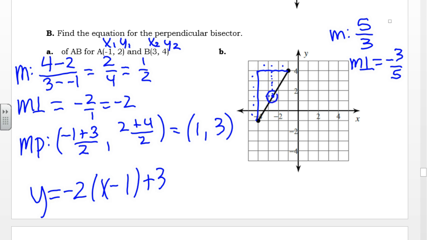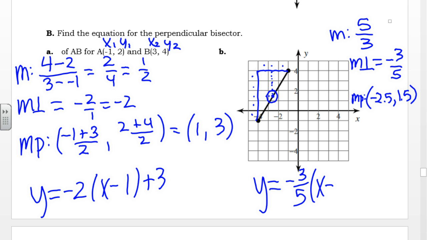So right here is my midpoint, that is -2.5, and then 1.5. Throwing that into my equation, I have a slope of -3/5. x minus my x midpoint, which is -2.5, so I switch that to a plus, because minus a negative is a plus, and then plus 1.5.